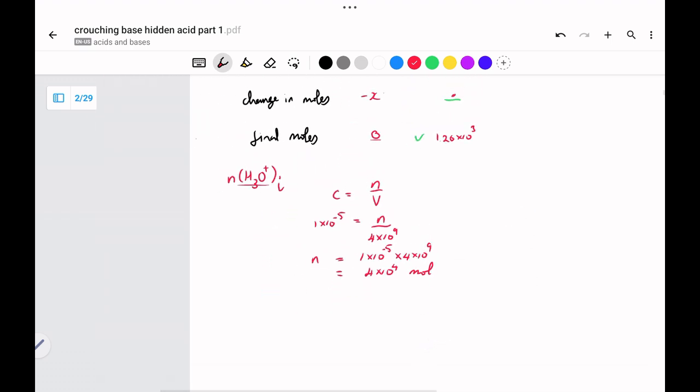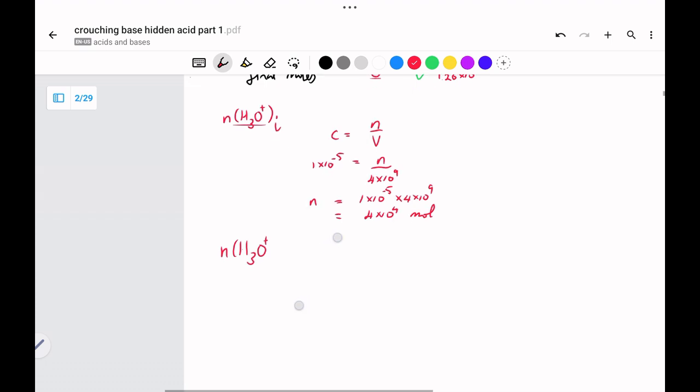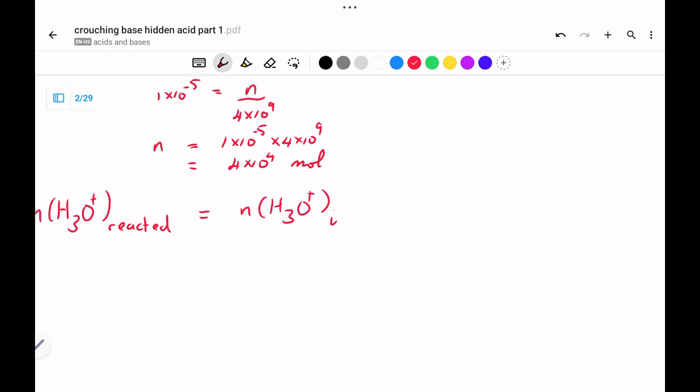And now we're going to use the equation. The moles that reacted is equal to the moles that I had at the start minus the moles that I'm left with.